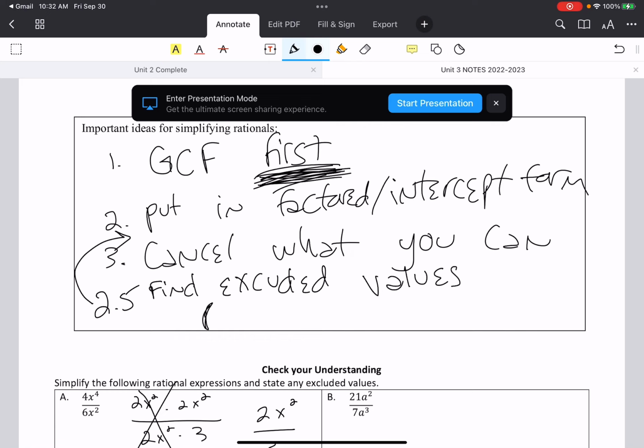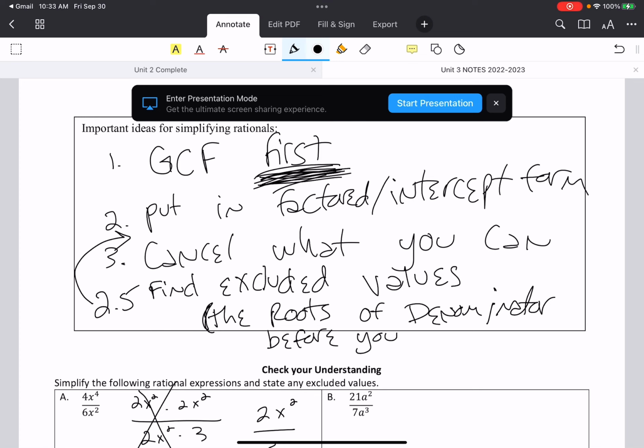So that would be the roots of the denominator. Excluded values are the roots of the denominator before you reduce.